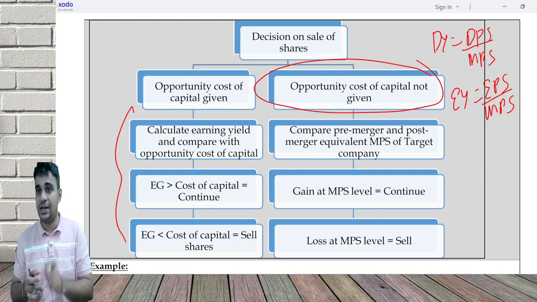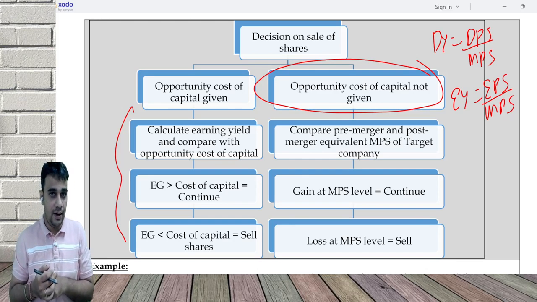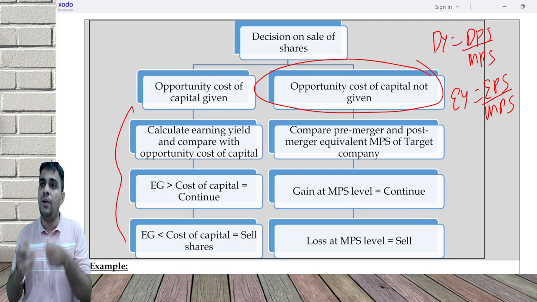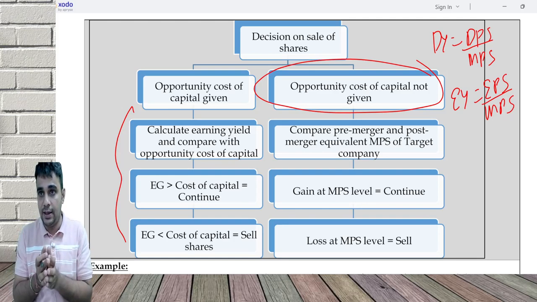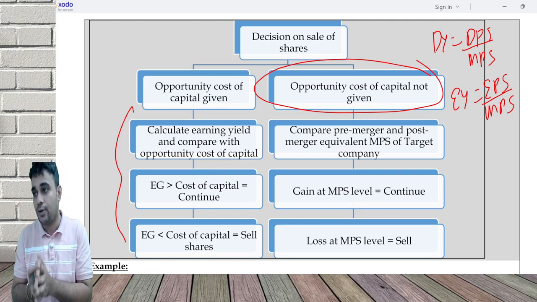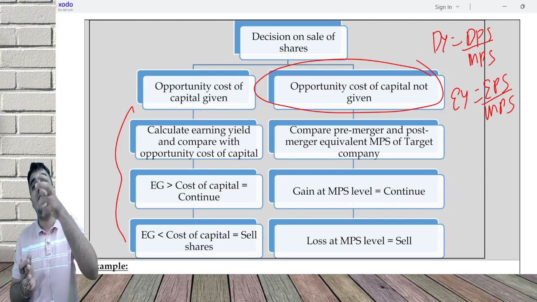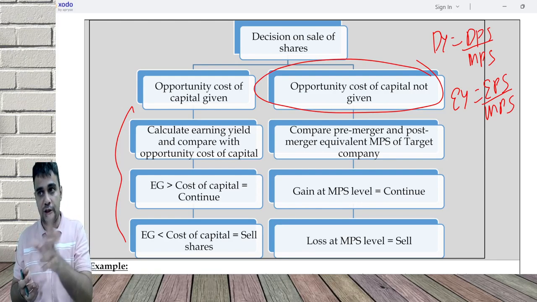If the merger happens, I'll be getting the equivalent earnings per share divided by the price today. Why the price today? Because I can sell and move out at this price. Then we compare it with the opportunity cost of capital, whether it is more or less. I'll explain with 2 MCQs and things will become clearer.